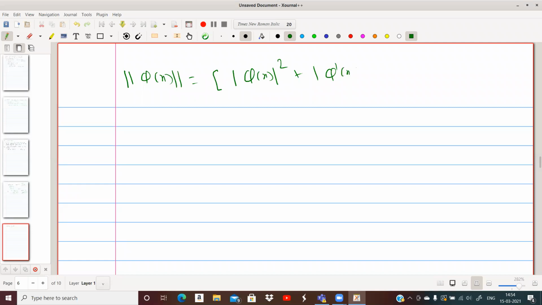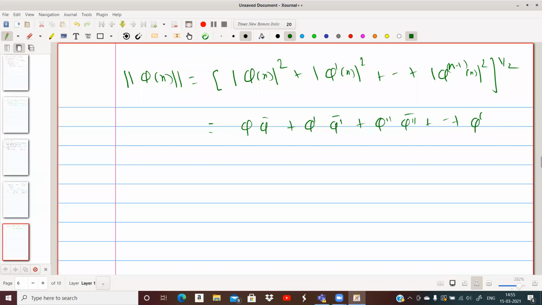Magnitude of phi dash squared, and so on, till the nth derivative exists. If the differential equation is of order n, you should write like here, the square root. So one can write this as phi into phi bar, phi dash into phi bar dash, phi double dash into phi double dash bar, up to phi's (n minus 1)th derivative into its bar.